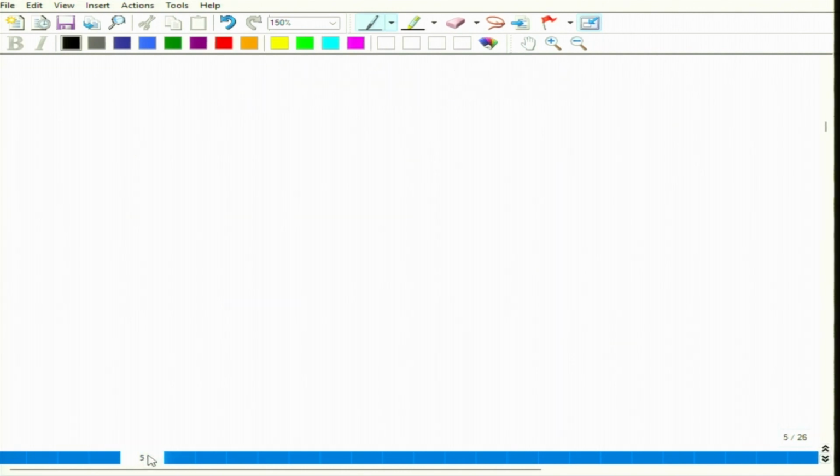Okay. Now, in electrolysis we know there is anode and cathode. What is anode? Anode means the electrode where the anion goes to.